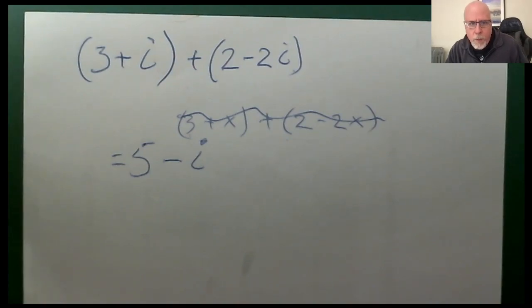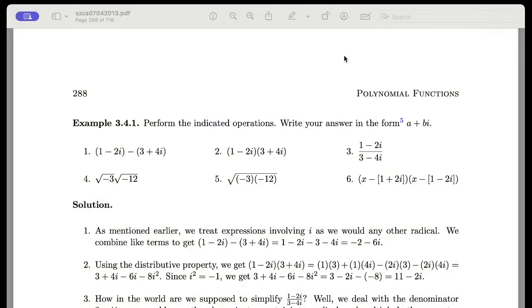Why don't we return to the example they were doing in the book where we're subtracting? You can actually see the way the answer is collected right underneath it. We're looking at number 1, which is the difference of 1 minus 2i and 3 plus 4i.